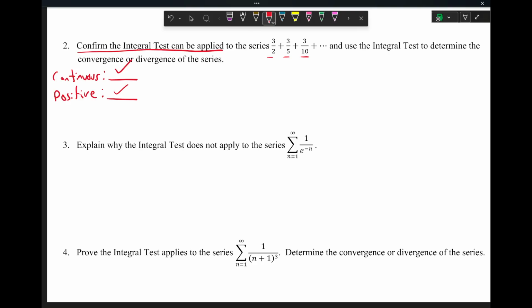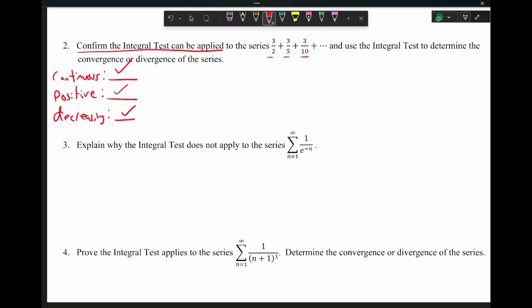Positive, continuous, and decreasing. So 3/2, 3/5, 3/10, that's definitely decreasing. So that shows I can use the integral test if I want to. To be honest, I try to avoid it because this one is more tedious than a lot of the others. This is kind of the last resort, in my opinion.